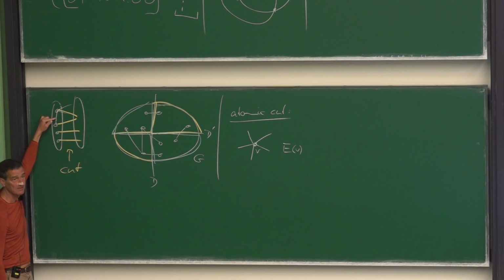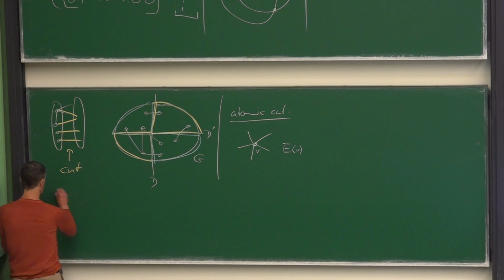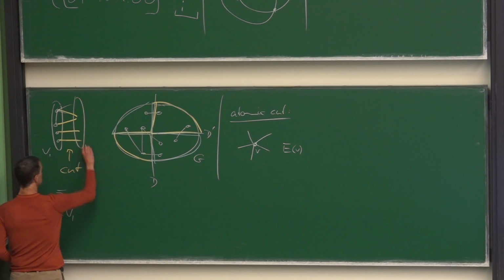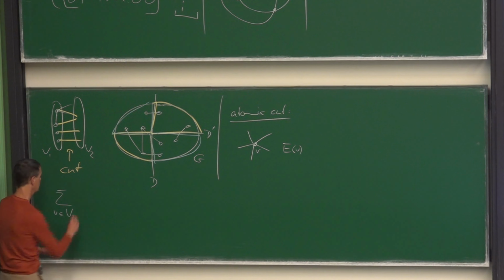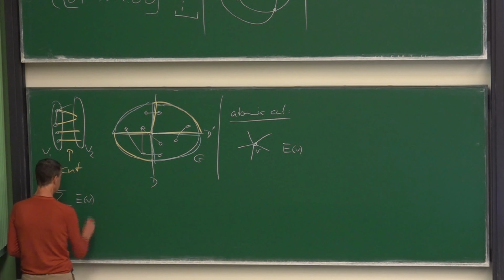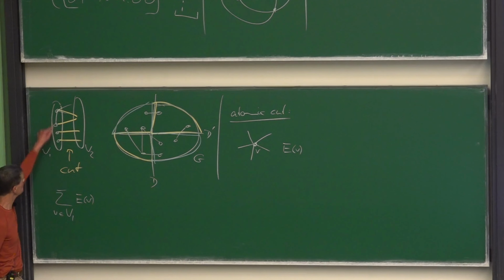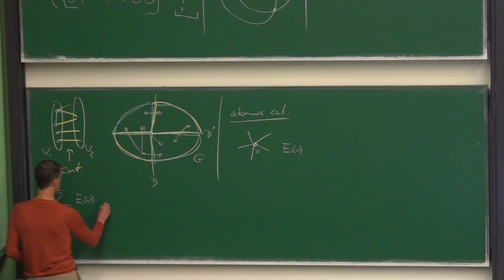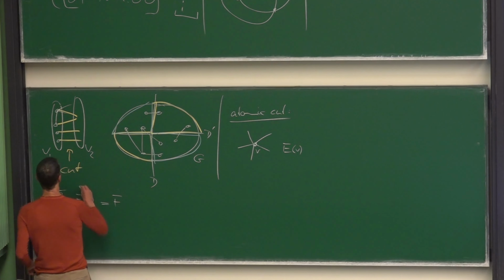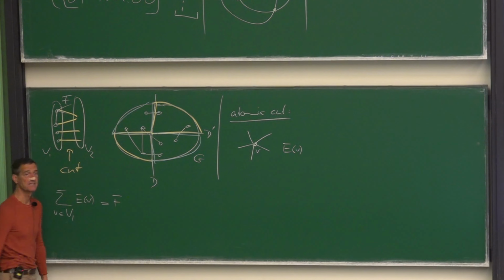So these edges will occur in this sum of E of v's, sum over all v in class 1 of the atomic cuts, twice. The edges across will occur exactly once because they're incident with only one little v in V1. So that is going to be the cut F.